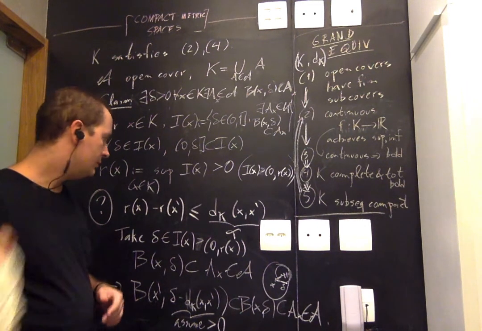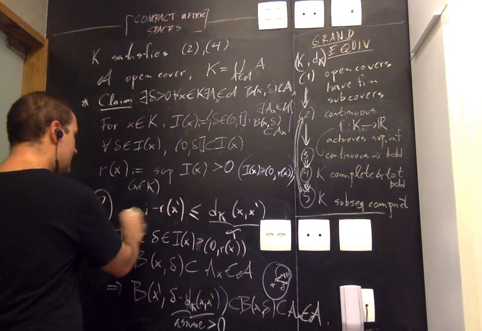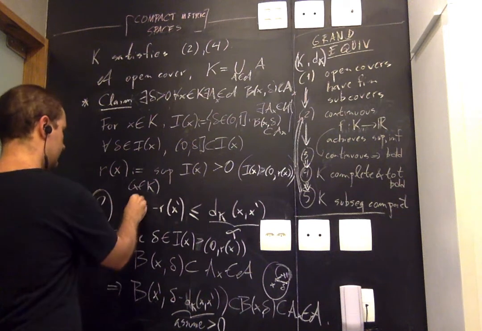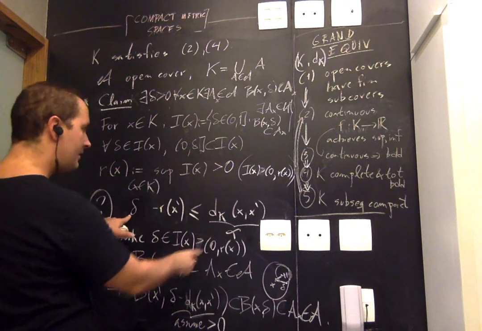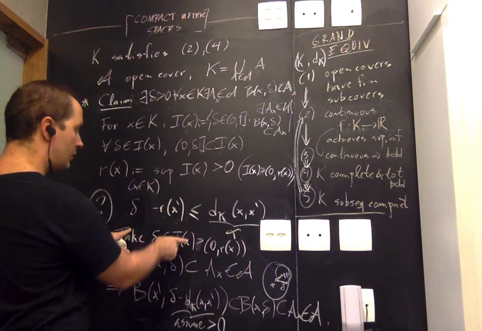By this argument, what I have proven is that this inequality is true, because that's the same thing as saying that delta minus the distance is less than or equal to r of x prime, right?